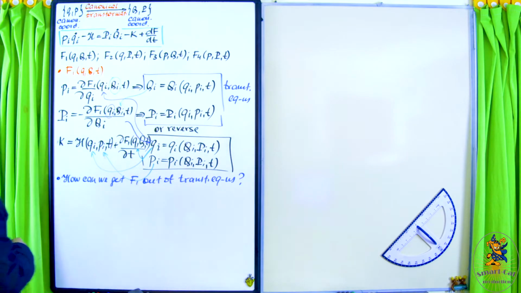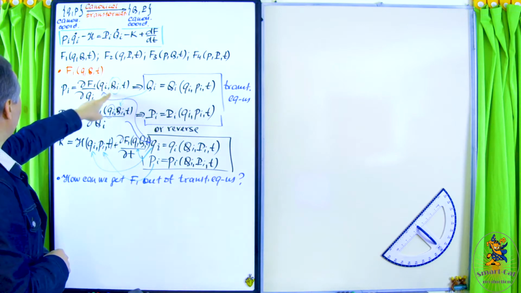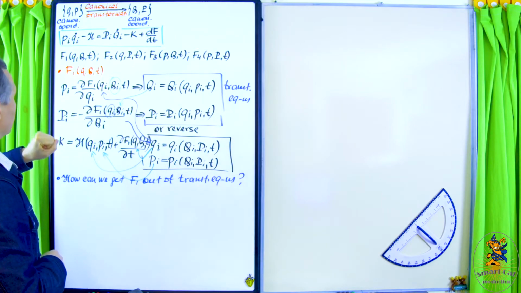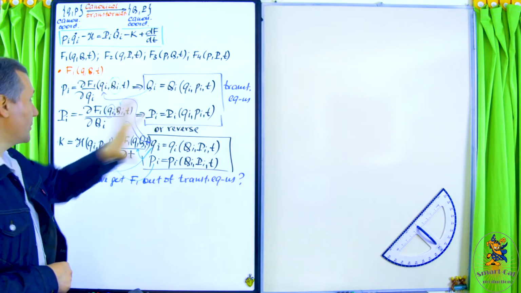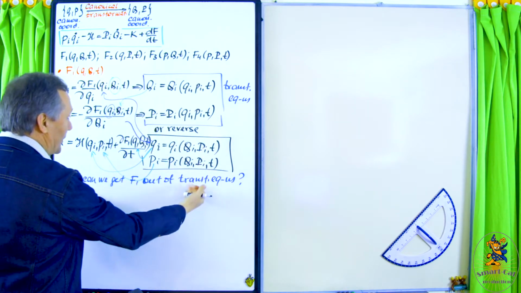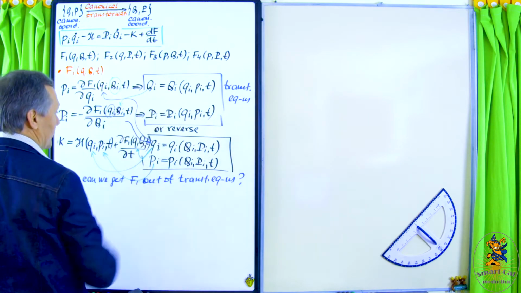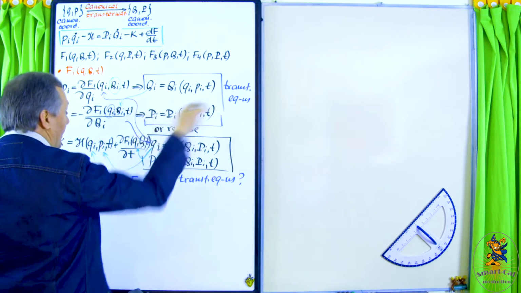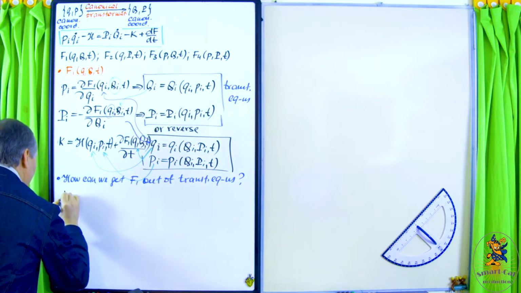First, let me write down the beginning. As I said, how can we get this from the transformation equations? Of course, first let's assume that we have the transformation equations.